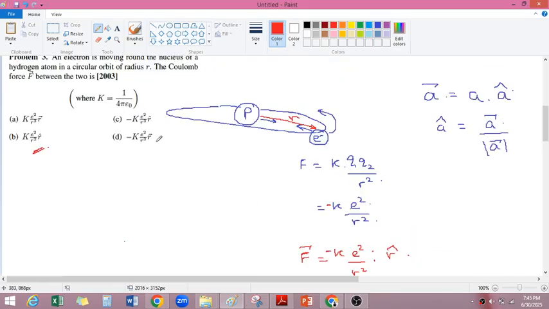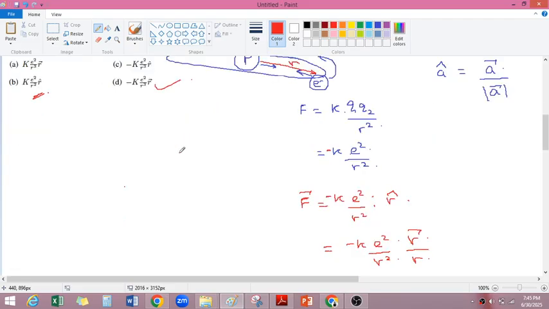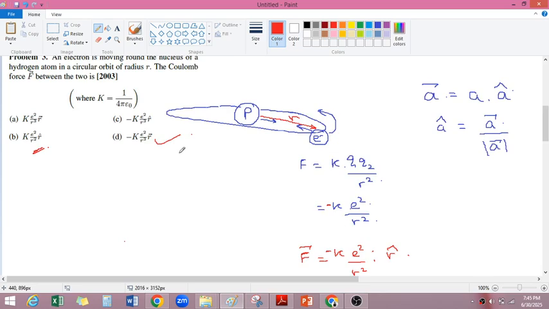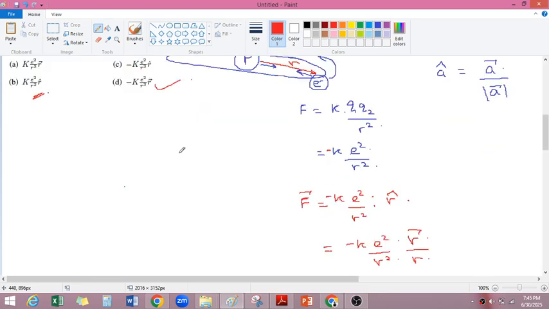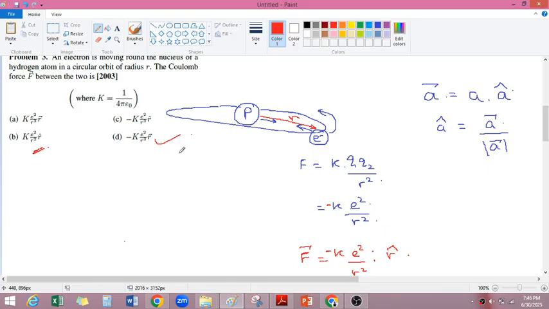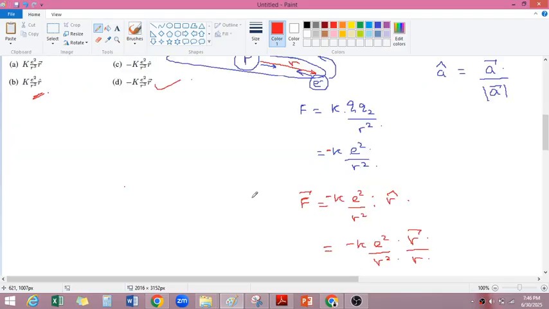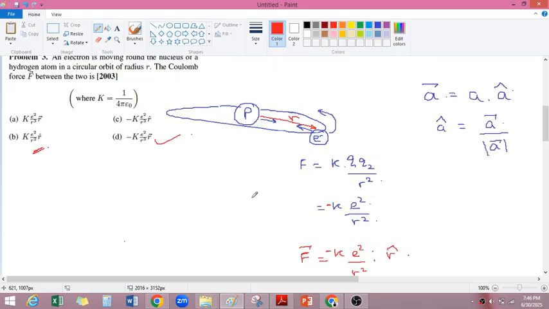So I think this should be the correct answer. If minus was not given, I would have chosen the other one. But since they have given minus, I am choosing this one. Because we have to consider the charge of attraction, electron. If it were plus it would be repulsion, whereas this is attraction.